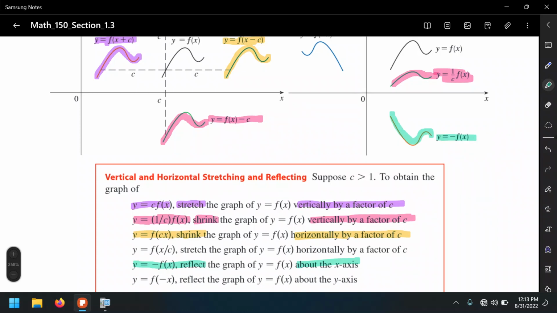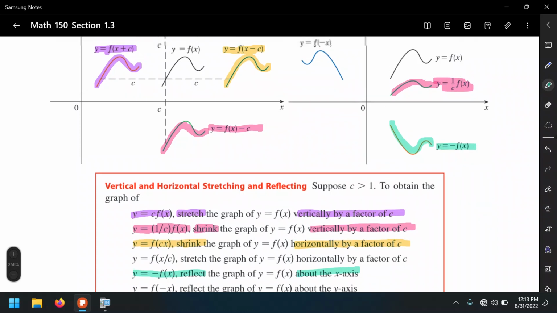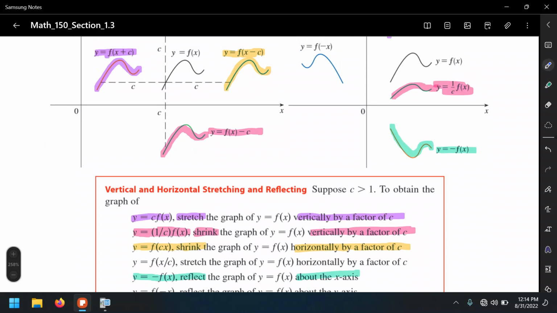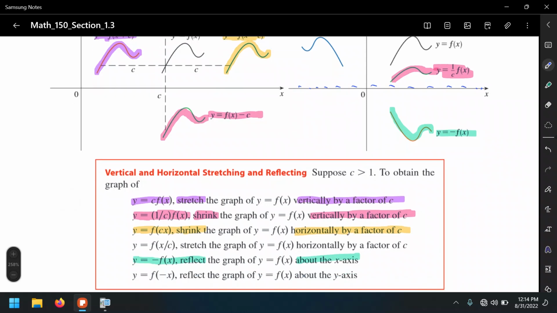In this case, you can see the x-axis as a mirror. Do you see how the original graph of f of x, drawn in black, versus the one in orange that I highlighted in green, aren't those two graphs reflected about the x-axis? So this is the picture of what happens when we change the sign of the function.